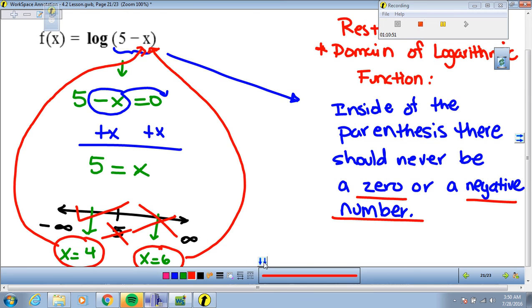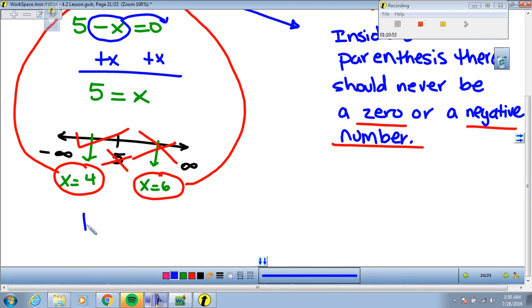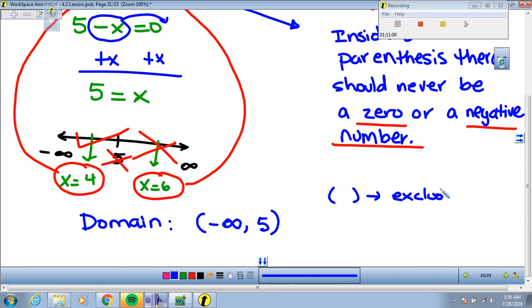So then you're going to say that the domain is, and you have to write the domain in interval notation, from negative infinity to 5, excluding the 5. This kind of parenthesis excludes endpoints. Endpoints are the numbers at the end of the parenthesis.